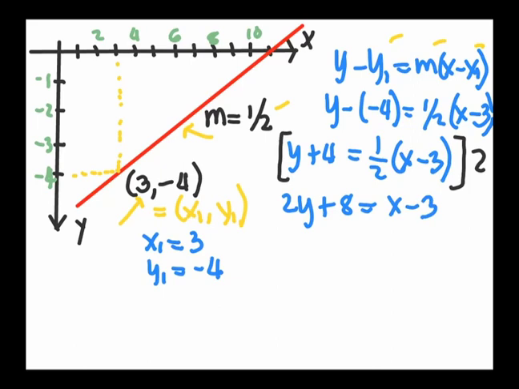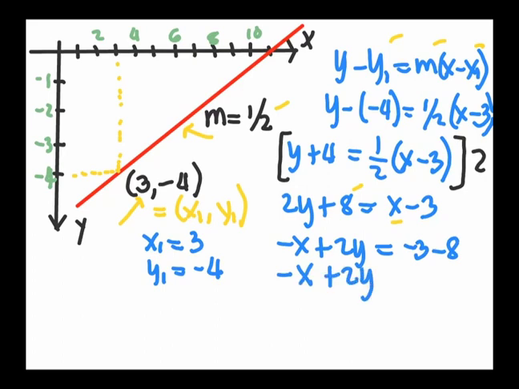Transposing this x term to the left side and this constant 8 to the right side, we'll now have negative x plus 2y is equal to negative 3 minus 8, which when simplified further, negative x plus 2y equals negative 11. This is now the equation of the line in standard form.